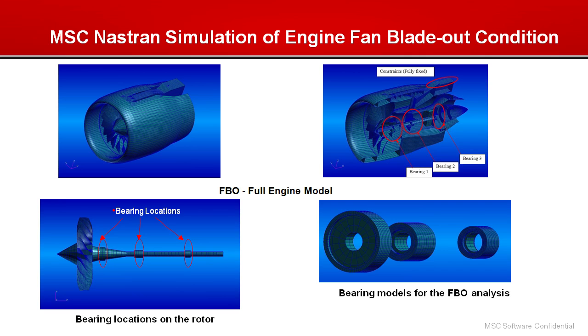The material for both the blades and the rotor is titanium grade. The bearings were modeled by constructing 2 concentric rings with predetermined stiffness properties that can contact each other. The flange on the bearing prevents the axial movement of the rotor during the fan blade out.